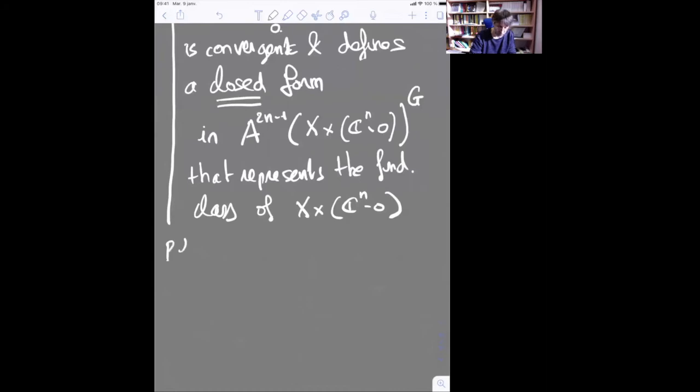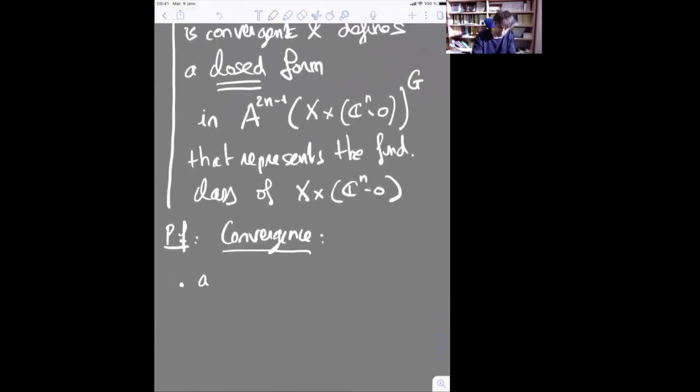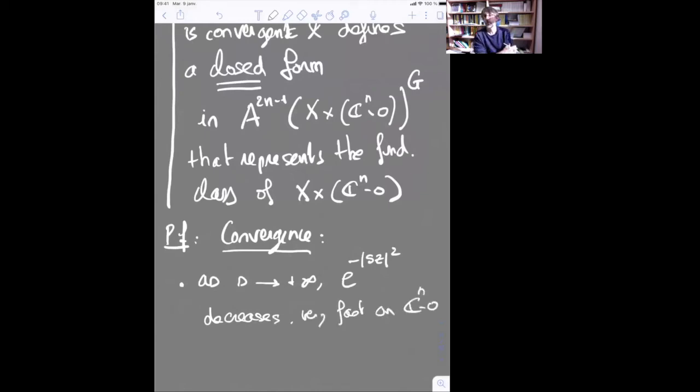For the convergence here, we can first look at what happens as s tends to infinity. Then the Gaussian part gives you a factor of type exponential minus s times z squared, and this decreases very fast as long as you are away from z equals 0.